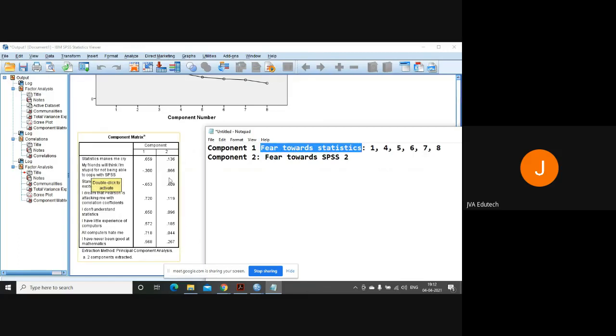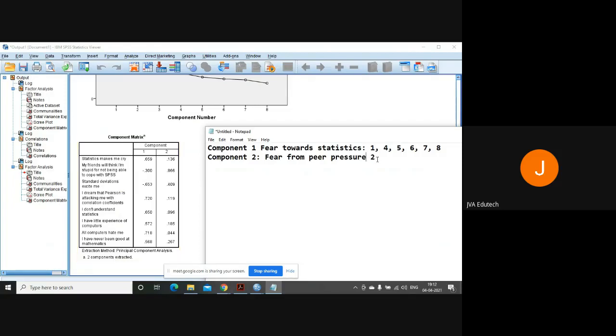Similarly, if I see component two, only this second item is converging on component two, which is about "my friends will think I am stupid for not being able to cope with SPSS." I can keep it as fear towards SPSS, or you can call it fear from peer pressure. You can put it like this, based on what it is actually indicating.